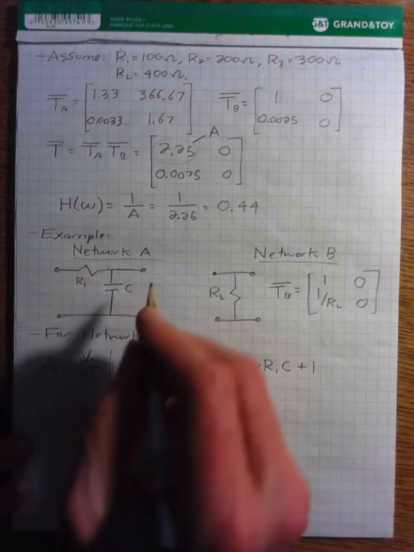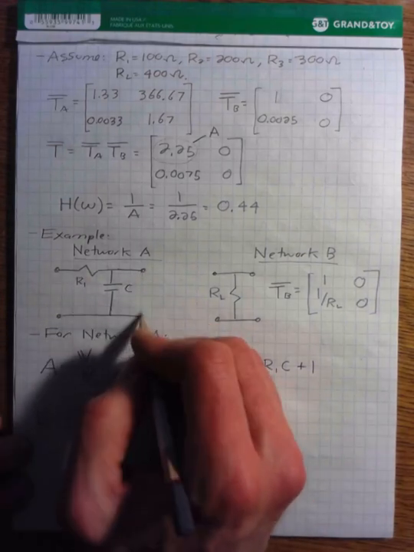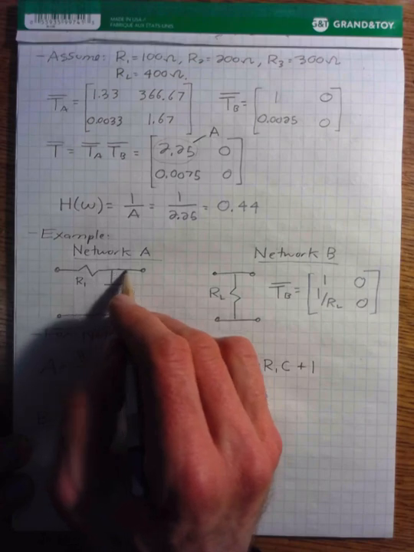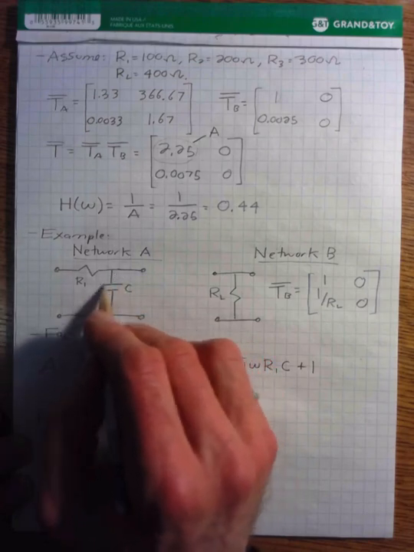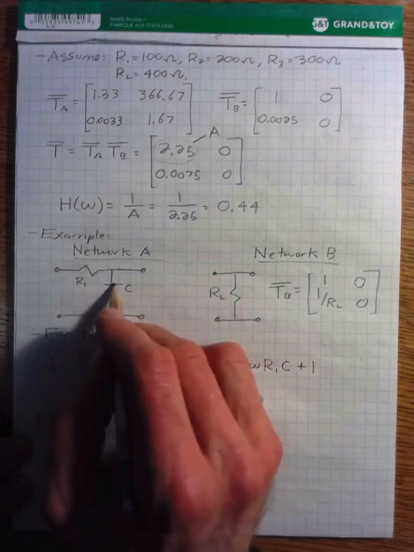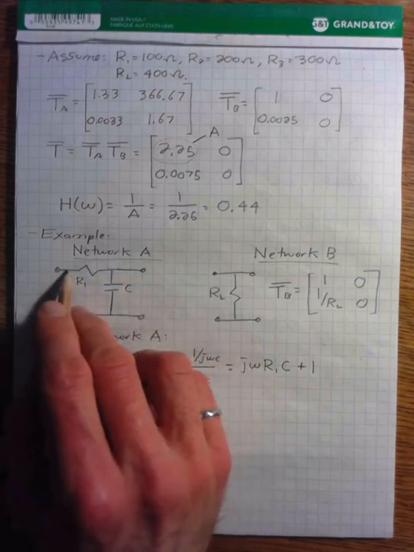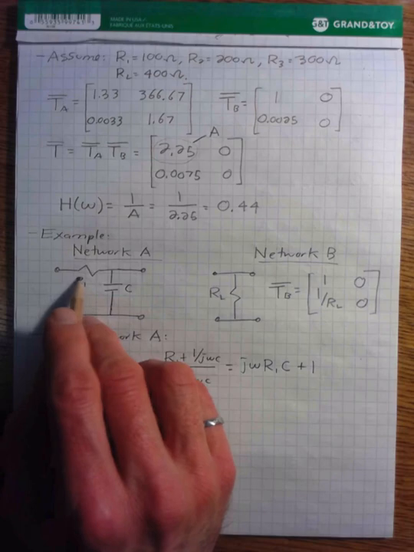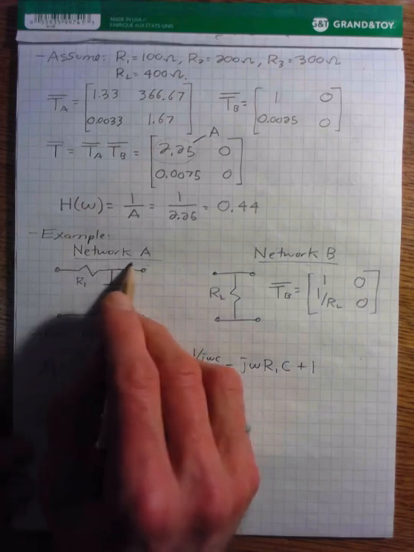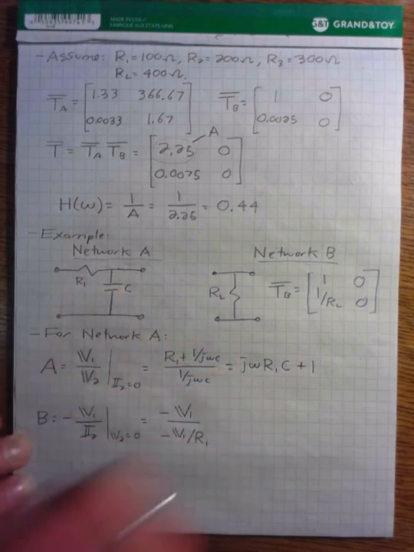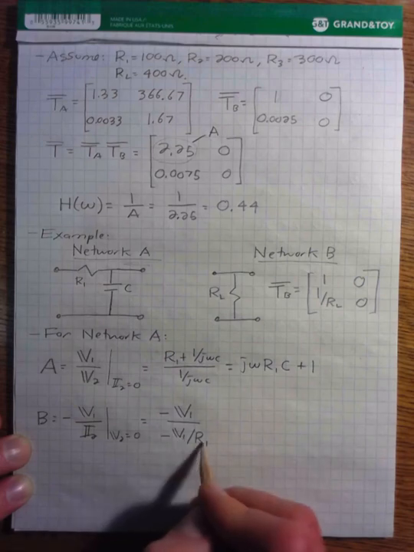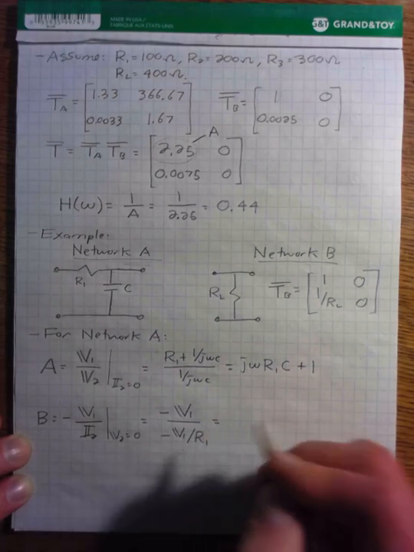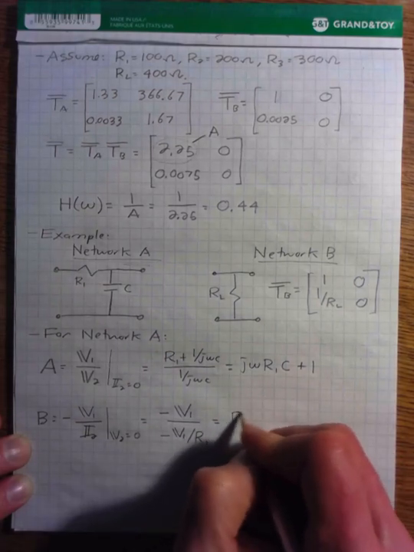The reason for that is when we short circuit this output, all the current is going to flow through here. None of the current is going to flow through the capacitor because it's shorted out. And then we basically have this resistor R1 shorted straight to ground. And so the current flowing through this branch, I2, is just the current flowing through the resistor. So that's why it's V1 divided by R1. And so this is equal to R1.